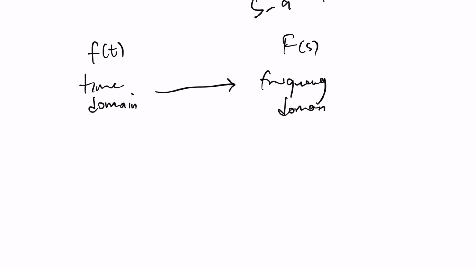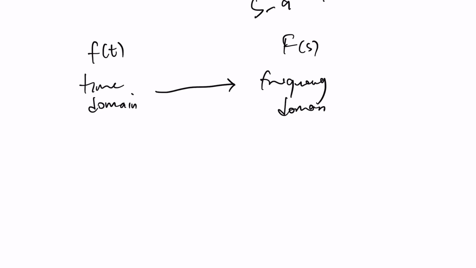It only applies to causal functions, meaning the function starts at t equal to 0. When we use the exponential kernel e to the power of negative st to filter the function, we can solve algebraic equations in the s domain, as I will show you later, and we can convert the solution back using the inverse Laplace transform.